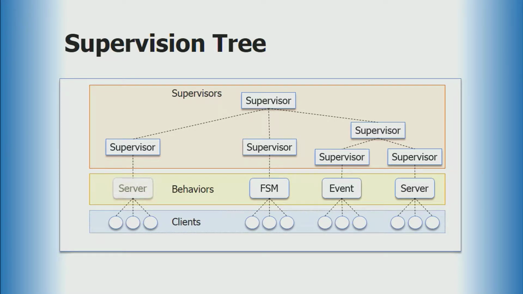These will also supervise, say, a server or a finite state machine, or event systems like for logging. The server is the most often used. But say the server here crashes for some reason, it doesn't affect the FSM, the event, or anything else. It'll just be restarted by its supervisor. So when you have that, you get this fault-tolerant system.